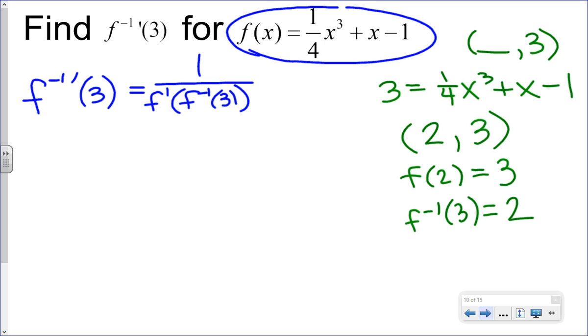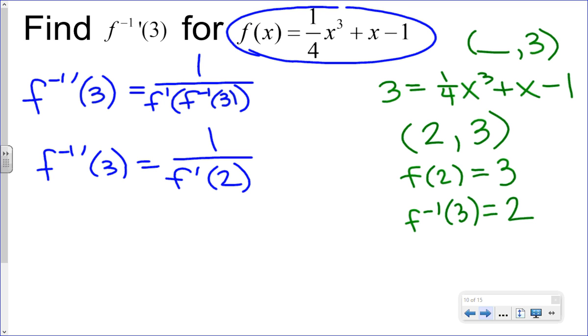Okay. So now over here, I can write that the inverse derivative of 3, what we need is 1 over f prime of 2, because the inverse of 3 is 2. So now all we need is f prime of 2.